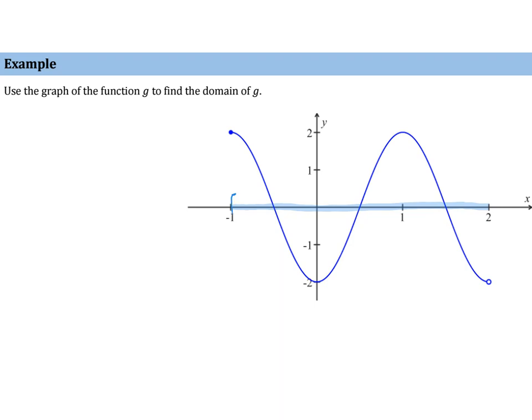So we would include the -1, but we should not include the 2. So the domain will be -1 to 2, but not including the 2.